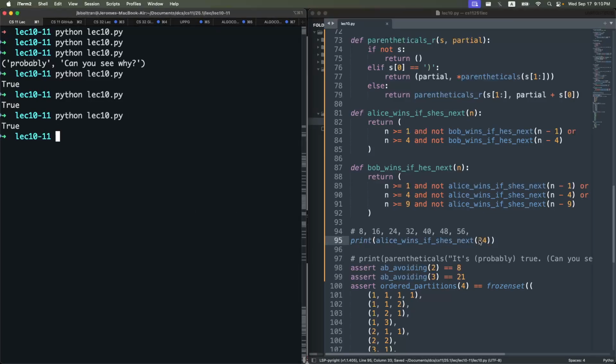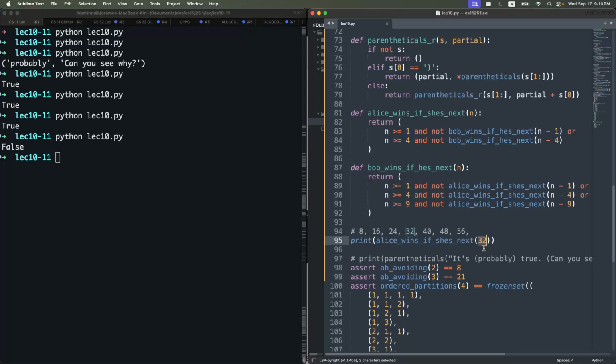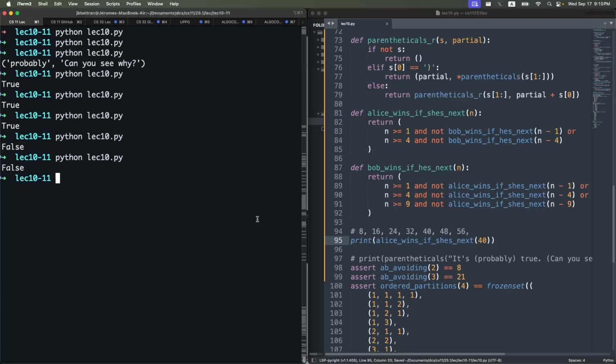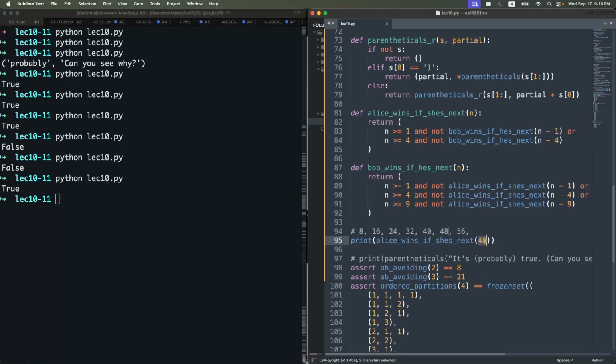True. How about 32? False. Alice loses apparently if there are 32 stones. How about 40? False still. How about 48? True.